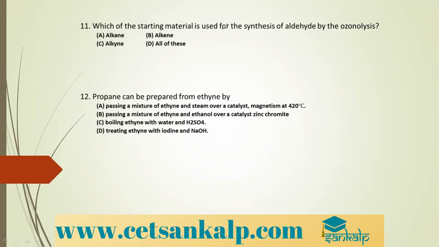Ozonolysis is a typical reaction, students, which you can use to test the presence of unsaturation. Unsaturation means the presence of a carbon-carbon double bond or carbon-carbon triple bond. So this is a very useful reaction called ozonolysis.